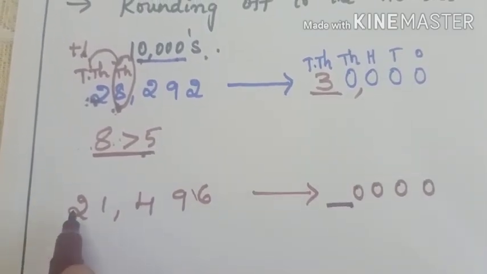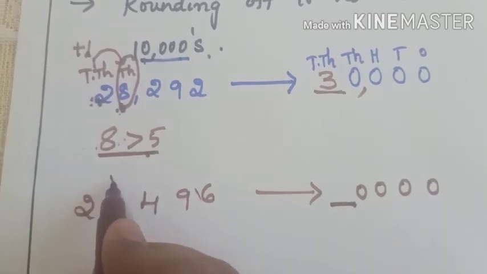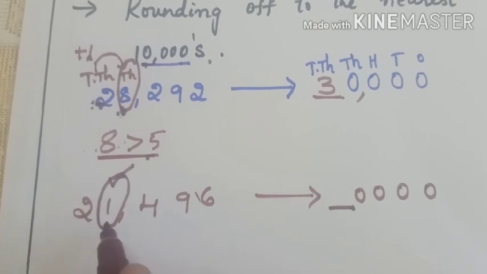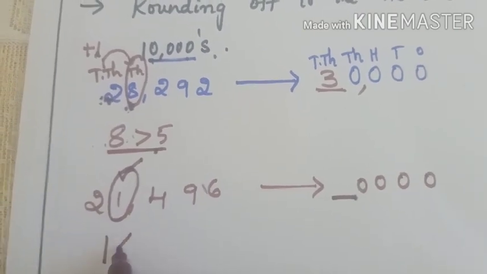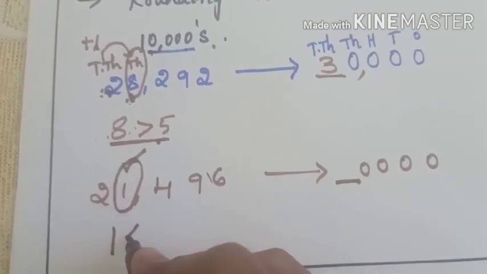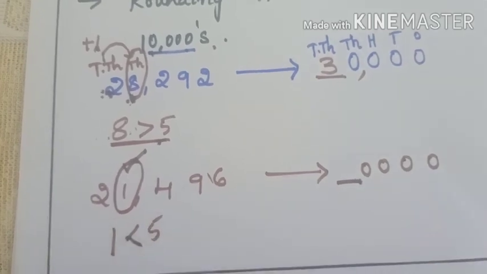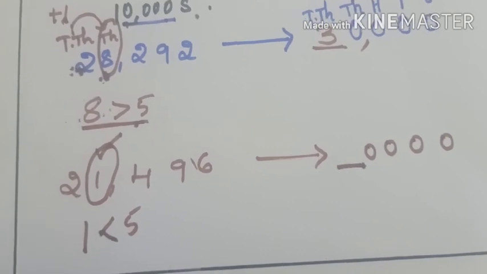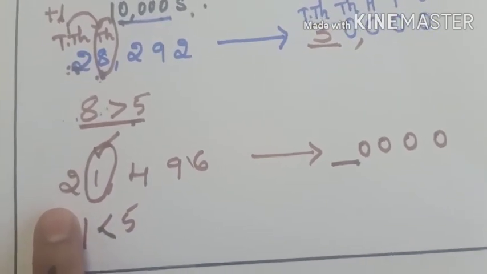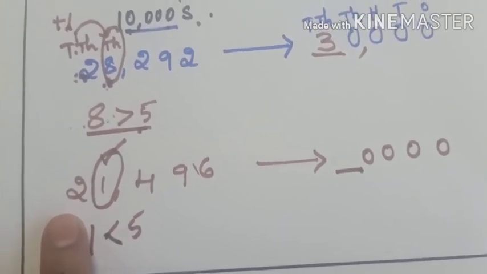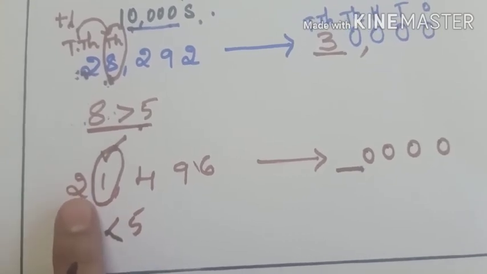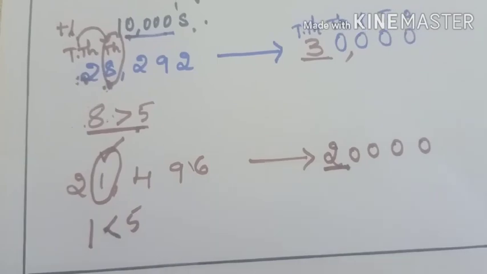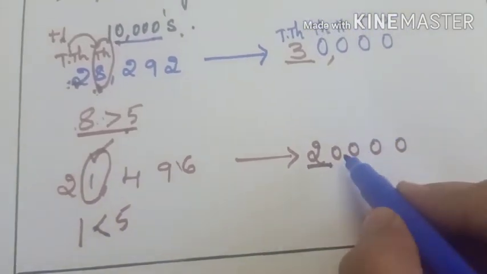To write the 10,000s place, check the thousands place. The thousands place here is 1. 1 is less than 5. If it is less than 5, then no need to add anything to the 10,000s place. It remains as it is. 2. In the answer also it is 2.